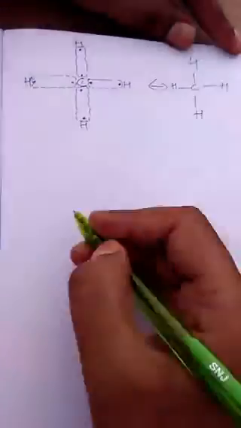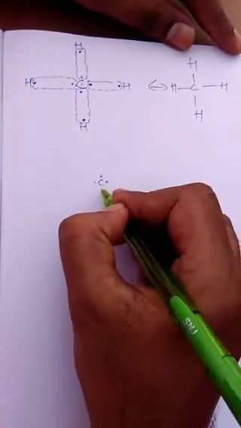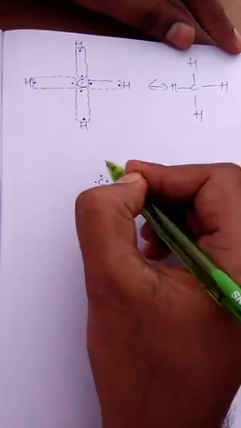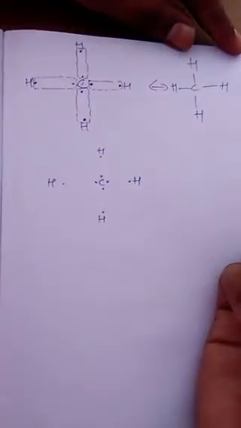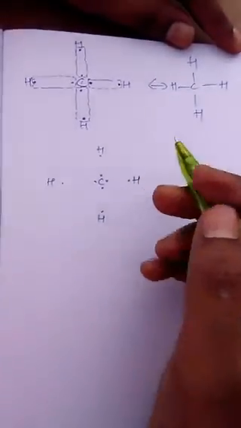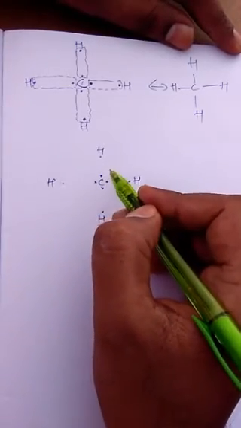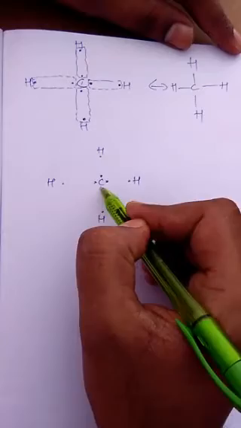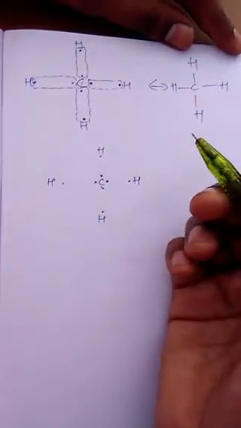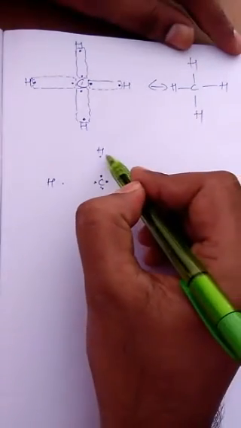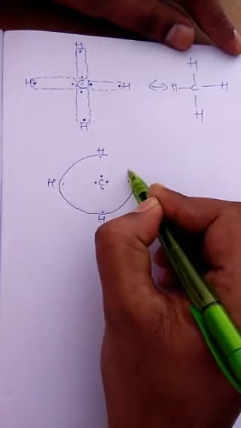Then the geometrical representation, the geometrical diagram of the methane molecule. We keep the same dots, the valence electrons. Next, the 4 hydrogens each have 1 valence electron, and carbon's valence electrons are 4 only. 8 electrons means stable, so 4 plus 4 means 8. Carbon needs 4 electrons to get an octet configuration, so carbon takes 4 electrons from 4 hydrogens.